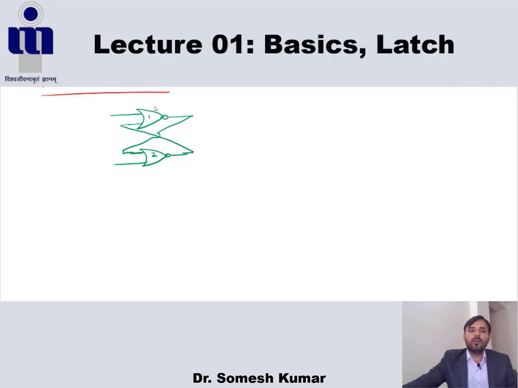So in this NOR based SR latch, we represent this as S and this as R. In the NOR based SR latch, this is the difference: this output we generally represent as Q bar and this output we represent as Q.